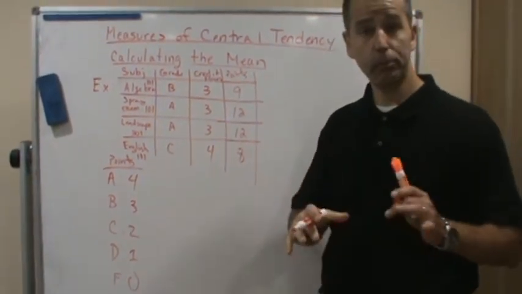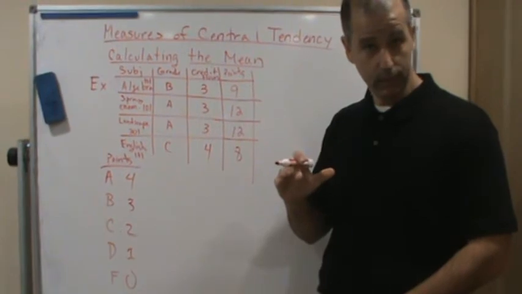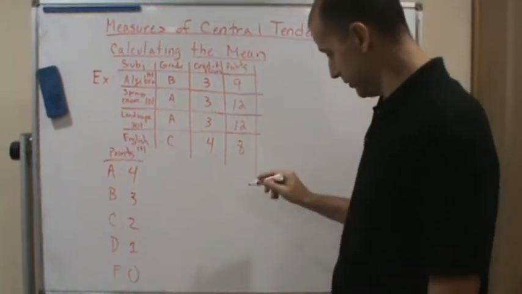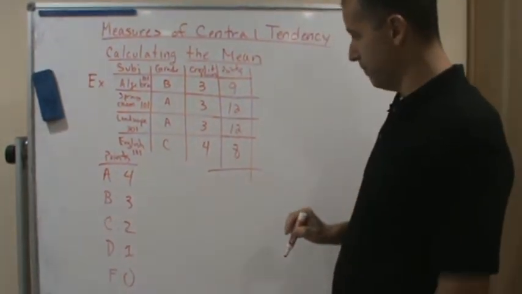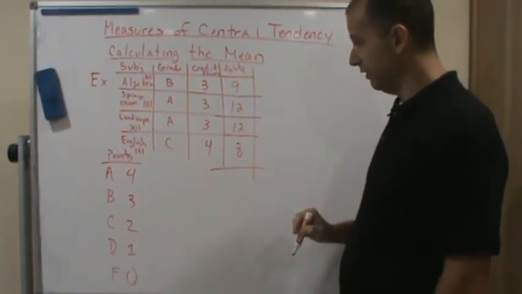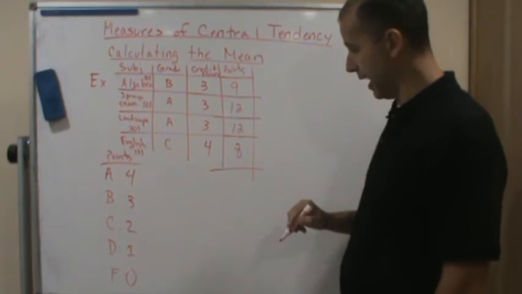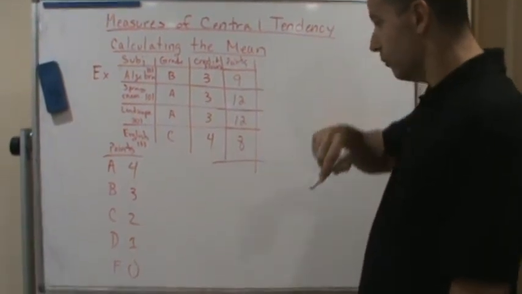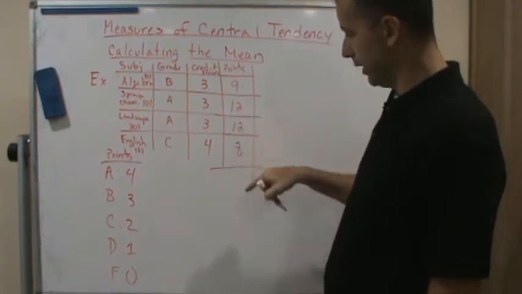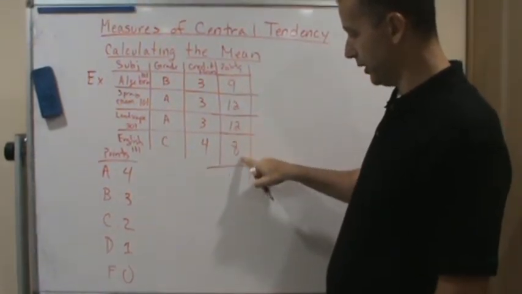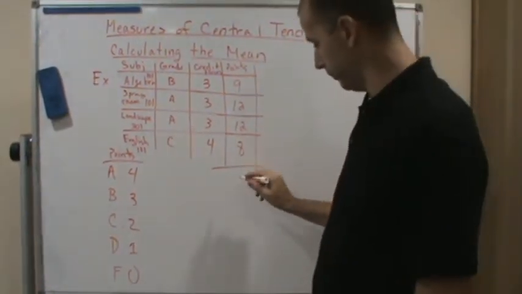So the total points that you've earned for the semester is the sum of this column. If you sum up this column, what do you get? Well, you get 24, 33, you get 41.